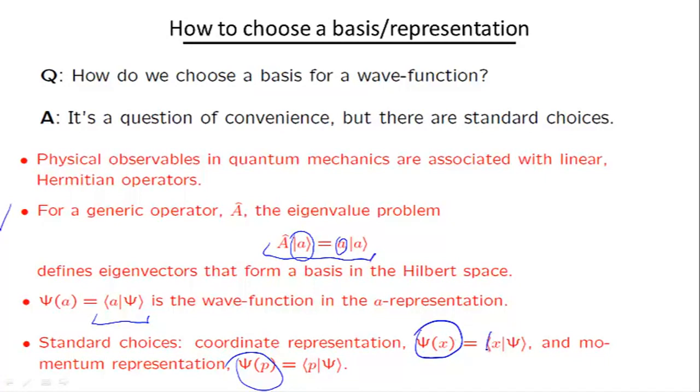Now, the meaning of these basis vectors is essentially tightly localized wave packets located at a precise point in space. In contrast, the vectors p correspond to states with a well-defined momentum, but which are completely delocalized in space. So these are completely different vectors, completely different bases, and which one to choose is entirely a question of convenience.